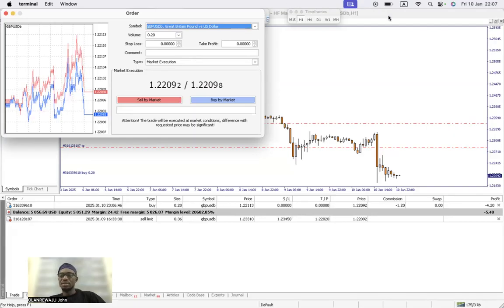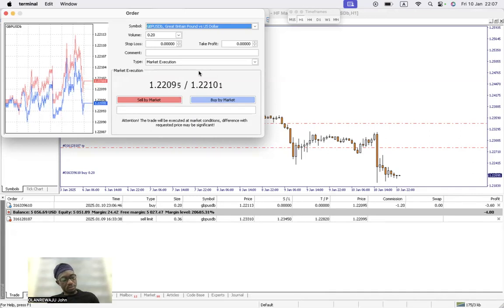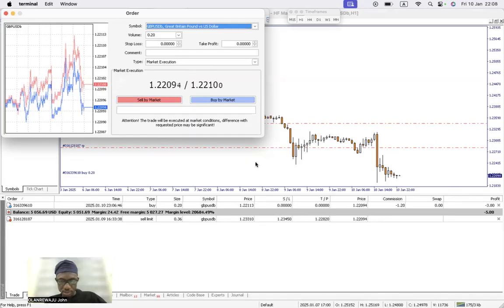Today is Friday. The market will be closing very soon. The market opens on Sunday by 11 p.m., or 10 p.m. on Sunday in Nigeria, but that Sunday is already Monday.